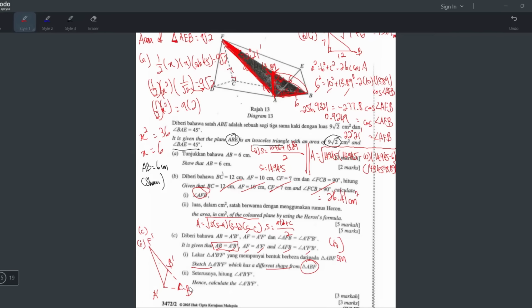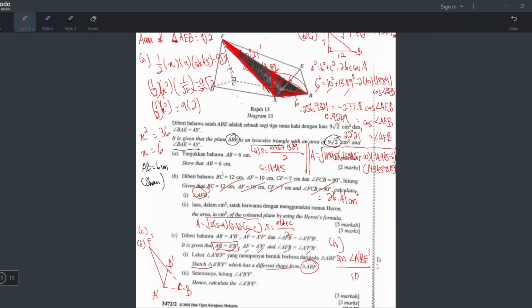Sine A prime B F prime. So I'll just write sine angle A prime B F prime over, okay, I'm using the big triangle. Okay, big triangle. So I will use this length. So 10 equals to, okay, I'm using big triangle. So the big triangle you have one angle and its opposite.